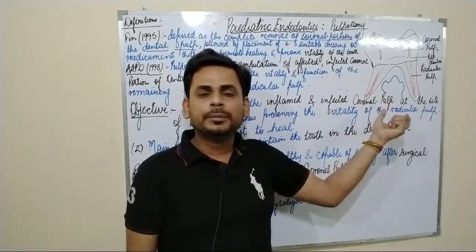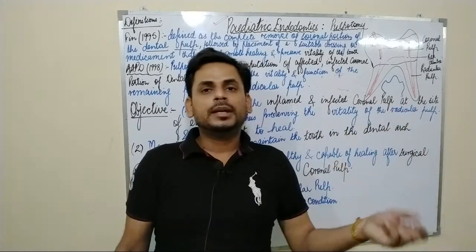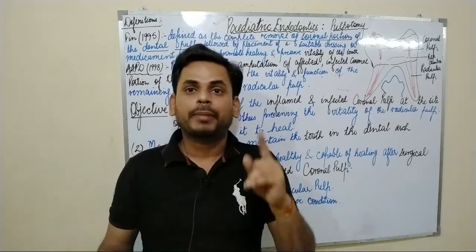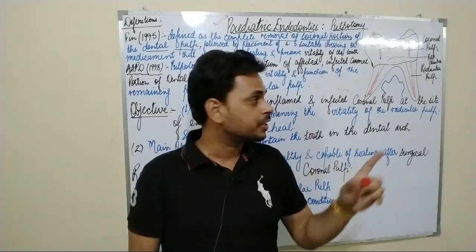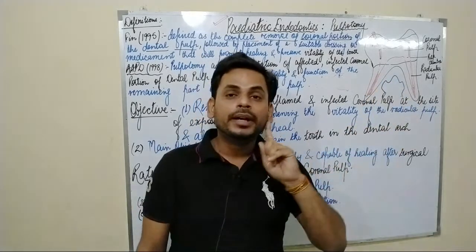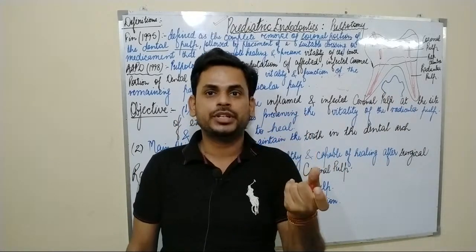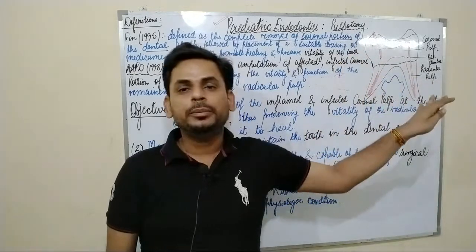The permanent succedaneous tooth might be tilted or tipped, might erupt at an abnormal location, its alignment in the arch might get distorted, or it might get displaced in the future dental arch. So in order to maintain the permanent teeth in the future dental arch at their normal physiologic position, these primary teeth need to be maintained and treated.